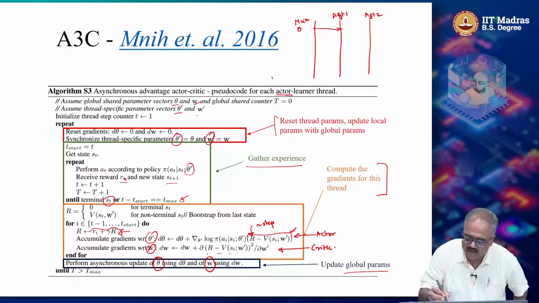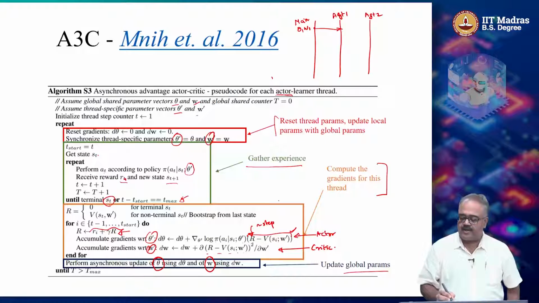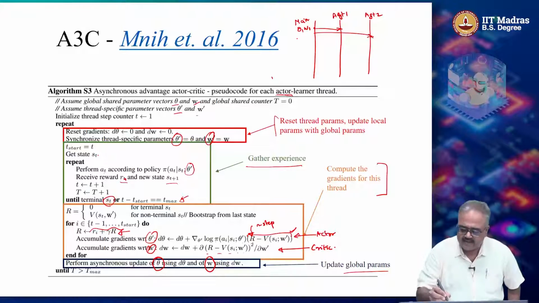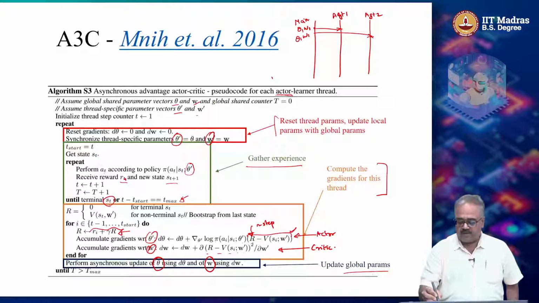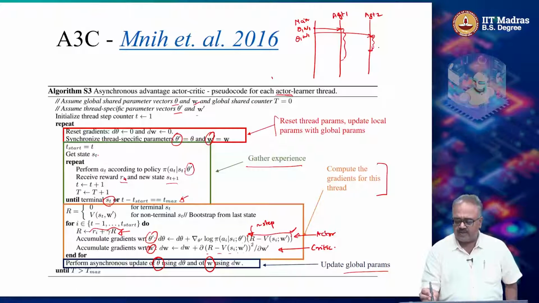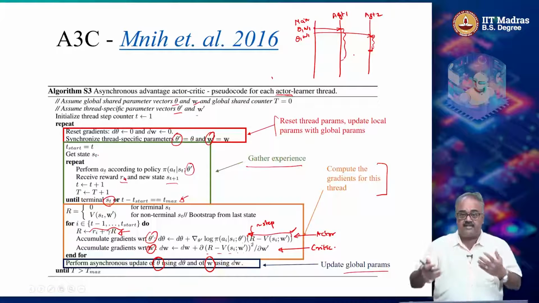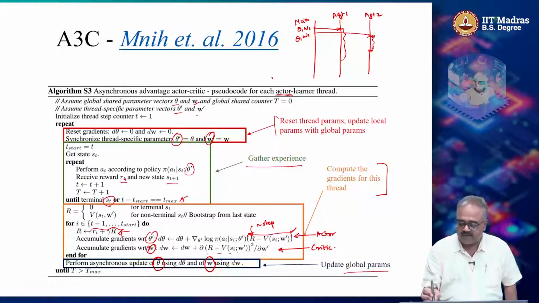Let us call it theta 1 and w1 that is being copied, and then I copy again to agent 2, again theta 1 and w1. Now agent 1 is doing its experiments and agent 2 is doing its experiments, and somehow agent 2's episode ends quickly, maybe it hits a terminal state much more quickly because it started from some convenient point.